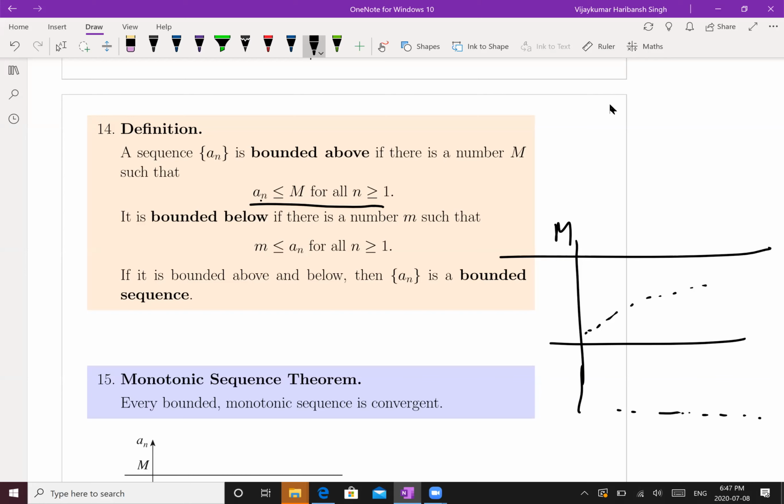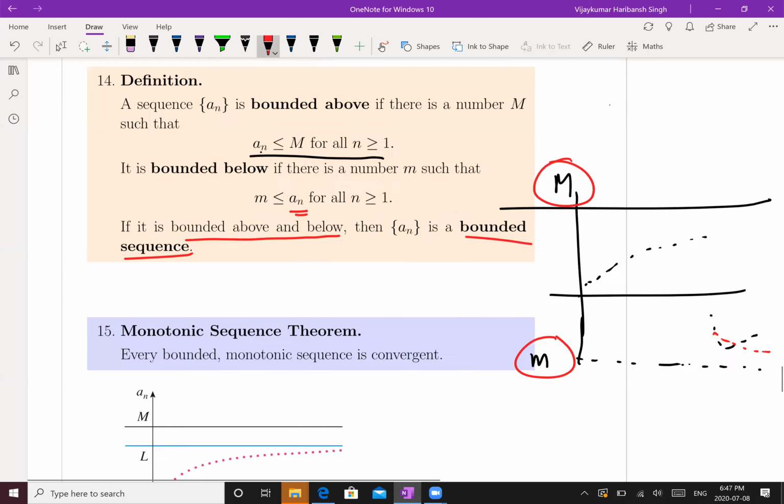When we can find m such that all the elements of the sequence are greater than or equal to m. If the sequence is bounded above and below both, then we call such a sequence a bounded sequence. That means the values of your sequence are between some small m and capital M.